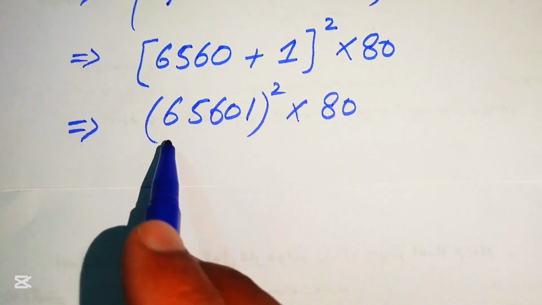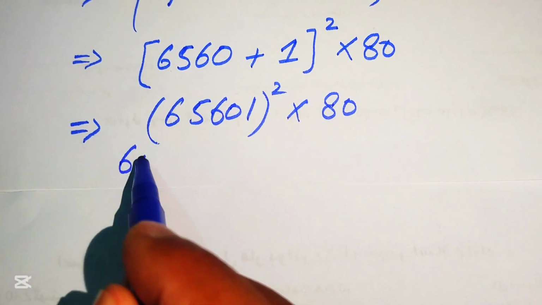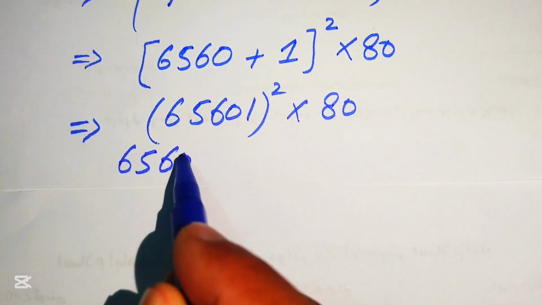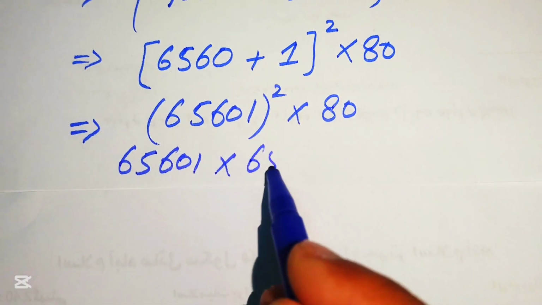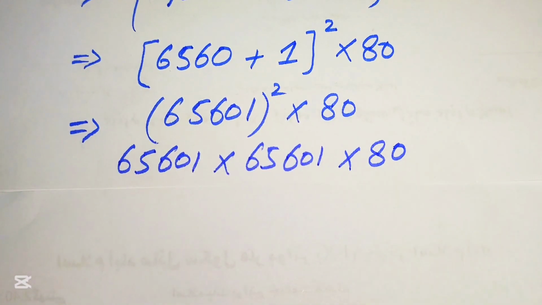And now in the next step, this square means that we will multiply 65601 by 65601, and it is also multiplied by 80.